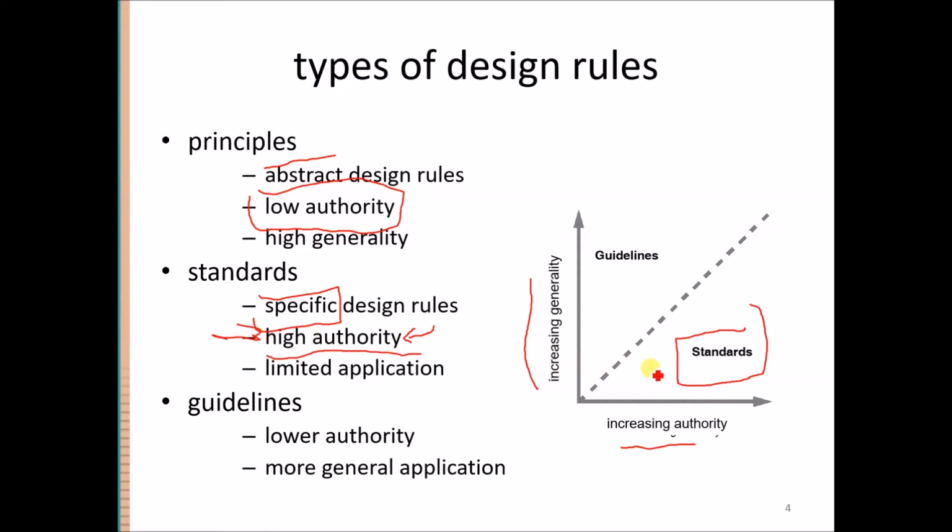But when we are moving toward this side, on the vertical side, we are coming towards the guidelines, which are increasing the generality, because we are not moving toward very specific things, but making things more general. That's why the guidelines have low authority and high generality. So you can see here for the guidelines we have the low authority. This is indicated here.